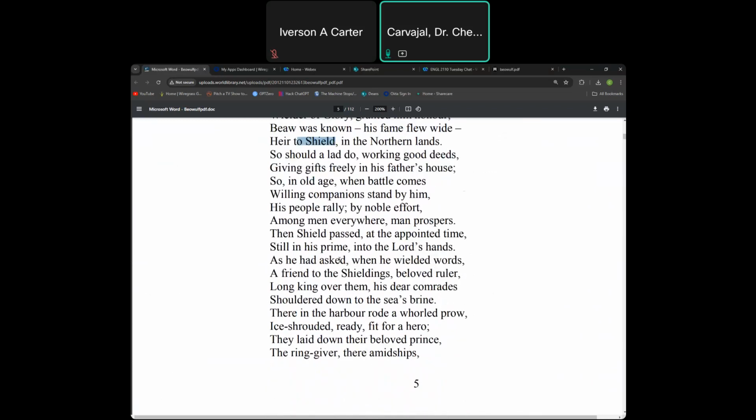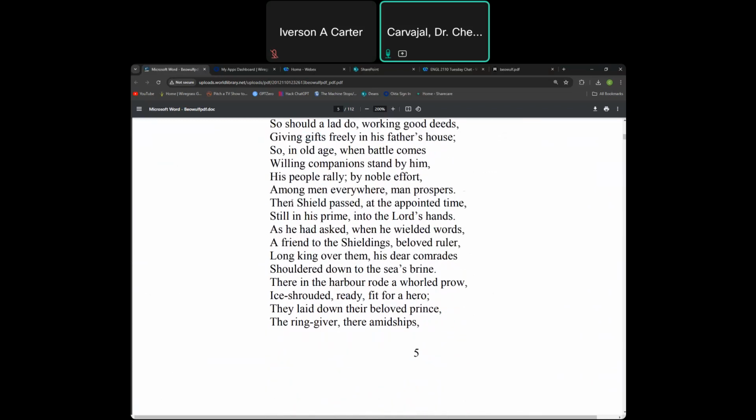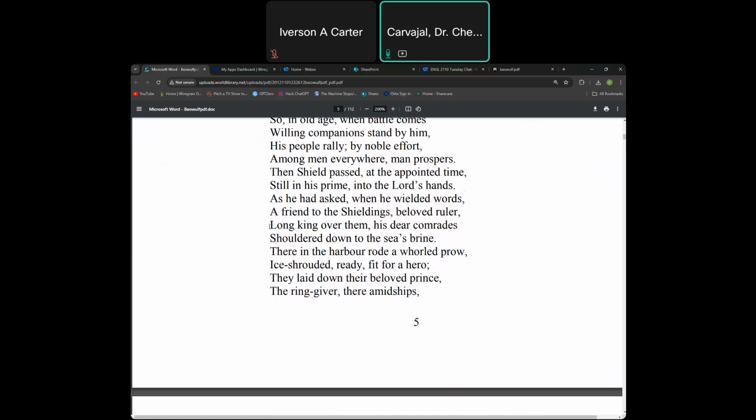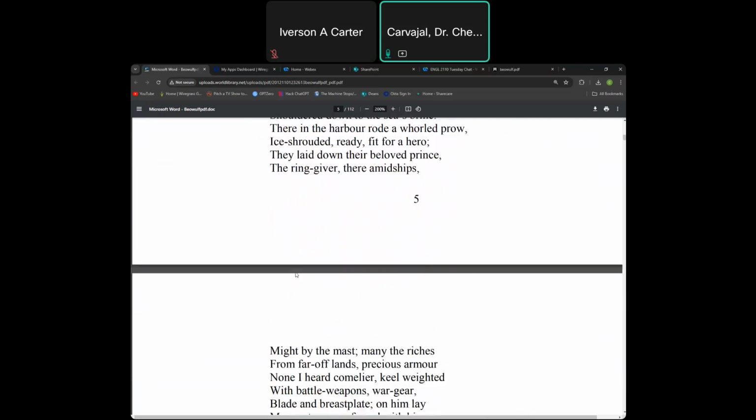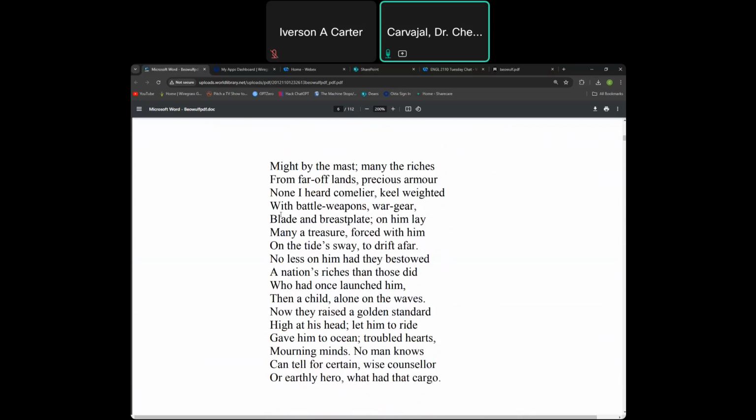And then it goes through all of this. Then Shield passed, and they kept on going. They talk about the fact that Beo got all this treasure and stuff like that.